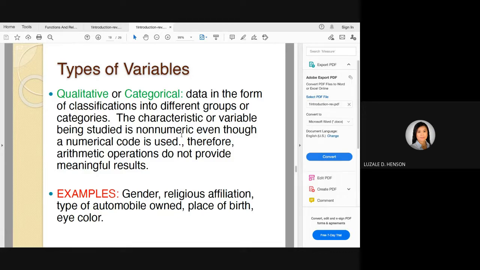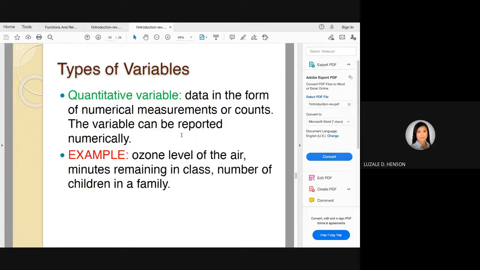They're not dealing with numbers. You cannot perform arithmetic operations for qualitative data, such as gender, religious affiliation, place of birth, etc. Whereas quantitative, you can perform arithmetic operations because these are numerical measurements.